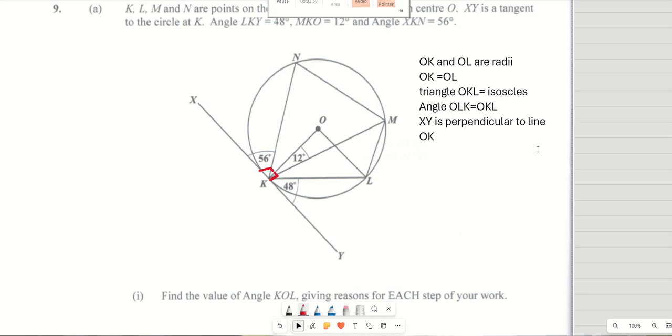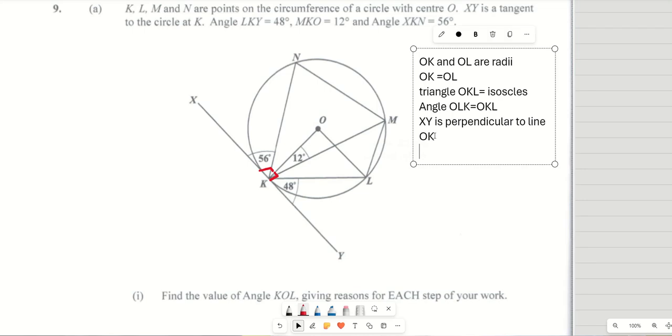Some other things that we could recognize is that NMLK is a quadrilateral, meaning a four-sided shape, a quadrilateral inside a circle.